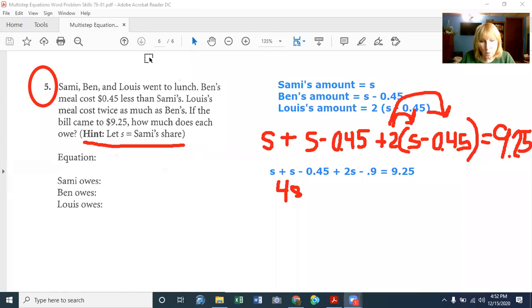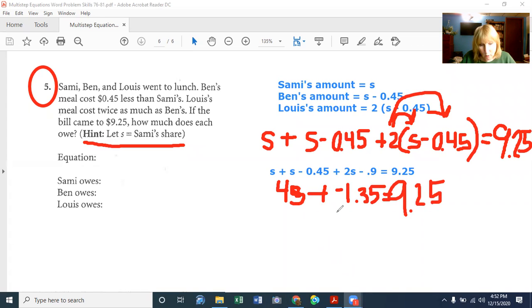And now we have 4S, plus, now we have negative 0.45 here and a negative 0.90. That is negative 1.35. So plus negative 1.35 equals 9.25.